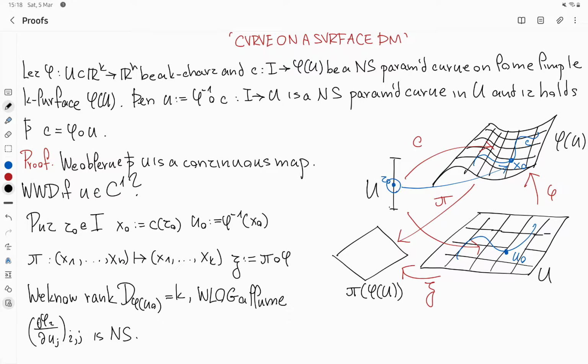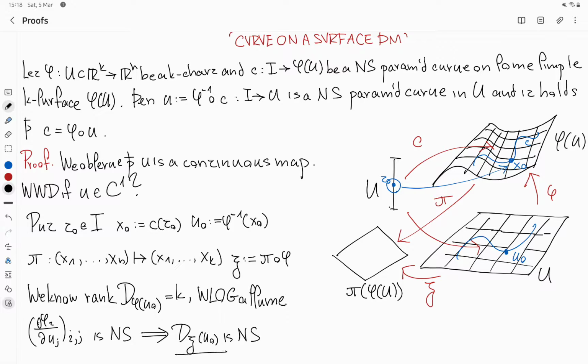Okay. Now, this means, by the way, that the Jacobian of g at u0 is non-singular. Why?